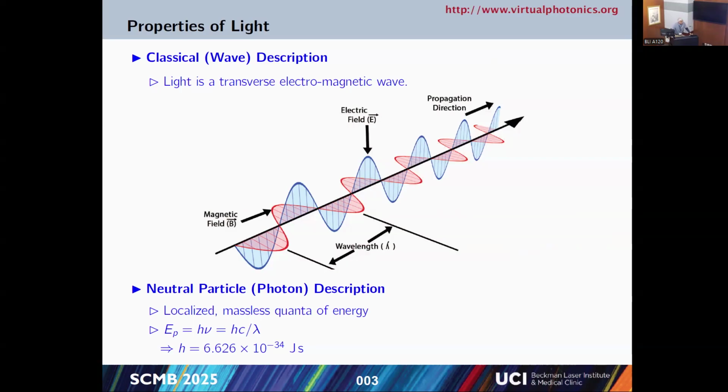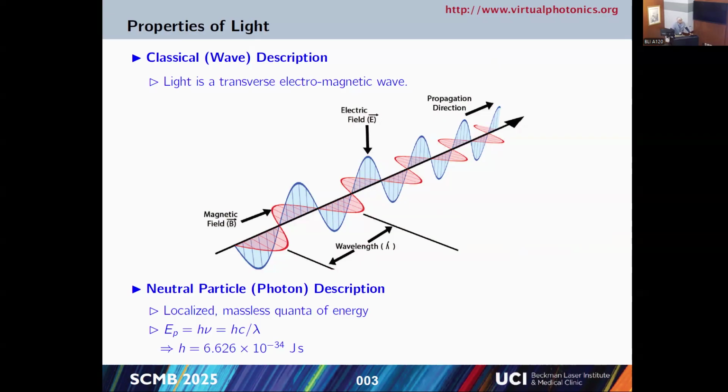So what we're doing is oscillating an electric field. If you're stationary in space, that object is feeling an oscillation in an electric field as the light propagates through. And the distance between two identical points along the propagation direction defines the wavelength, okay?